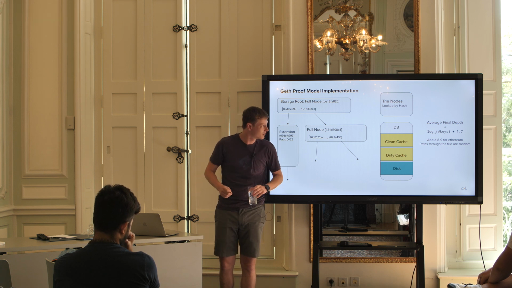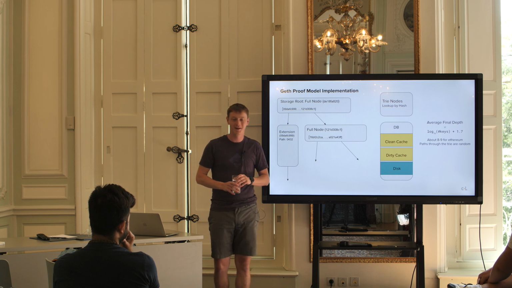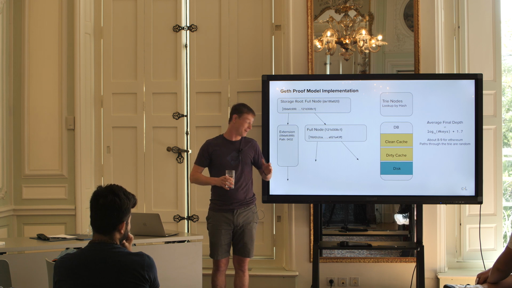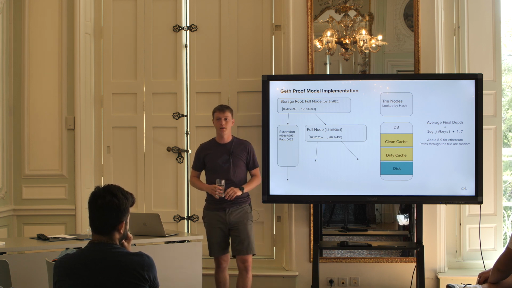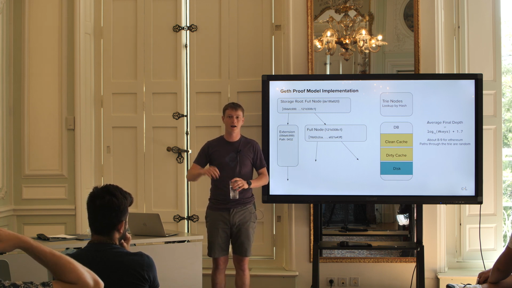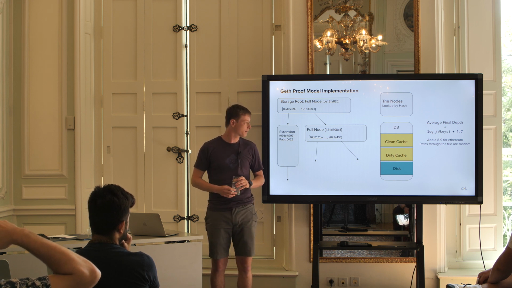Specifically, it's log base 16 of the number of keys, plus 1.7. That's empirical. I burned a lot of CPU and RAM to do that, but it actually matches really well. So for the 160 million keys in Ethereum, that's about 8.5 lookups on average. That matched other numbers I've seen.